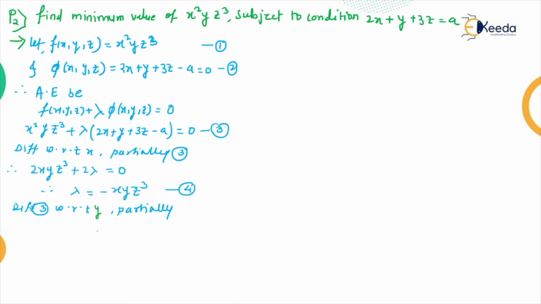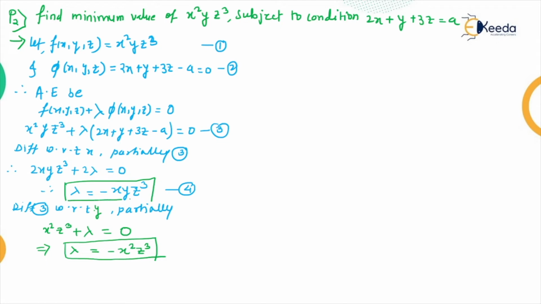After differentiating, x squared and z cubed remain constant, so we get x squared z cubed plus lambda, since 2x, 3z and minus a are constants, and that equals 0. Eliminating lambda, the value of lambda becomes minus x squared z cubed.